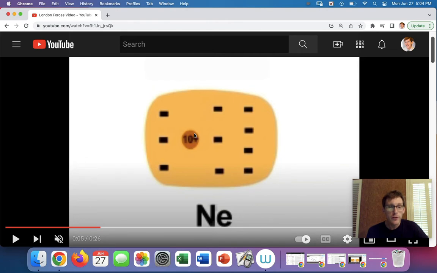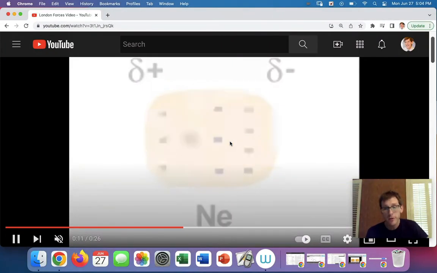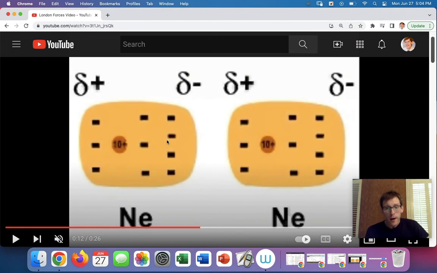If we were to just freeze a neon atom at any given instant in time, it might be that its 10 total electrons are not perfectly evenly distributed around the atom, as we see here, where there are more on this side than on the other side. If that's the case, this right side is partially negative, just due to there being more electrons on that side at that moment.